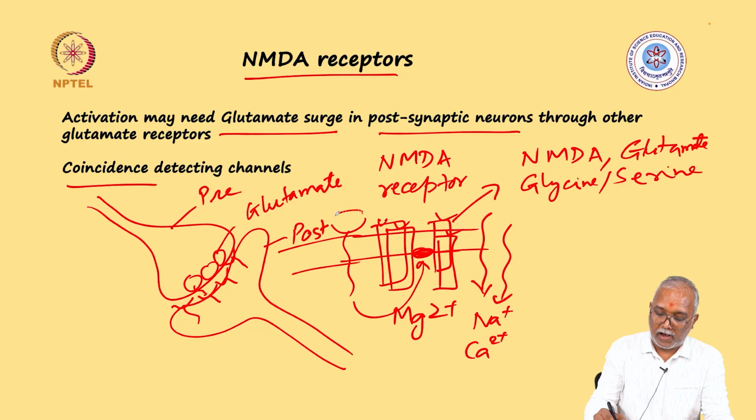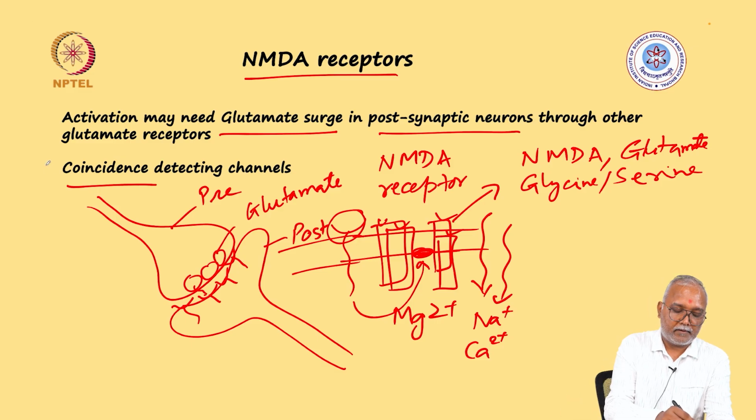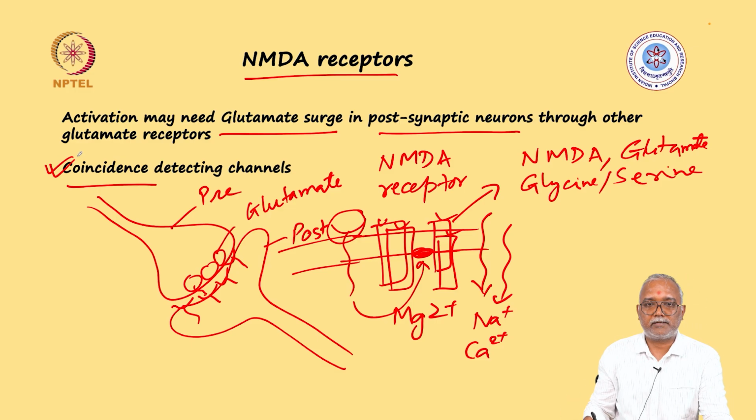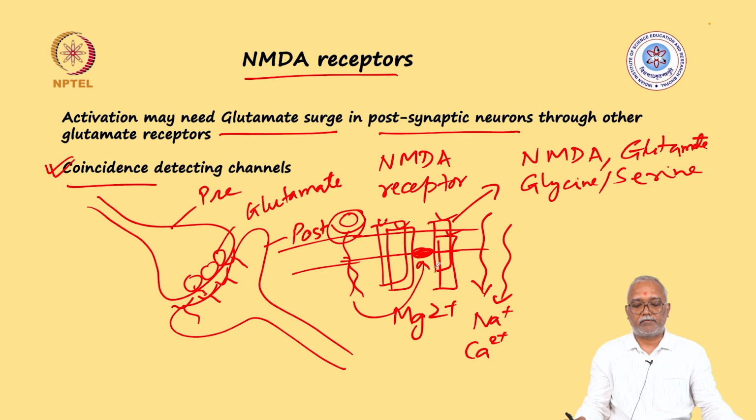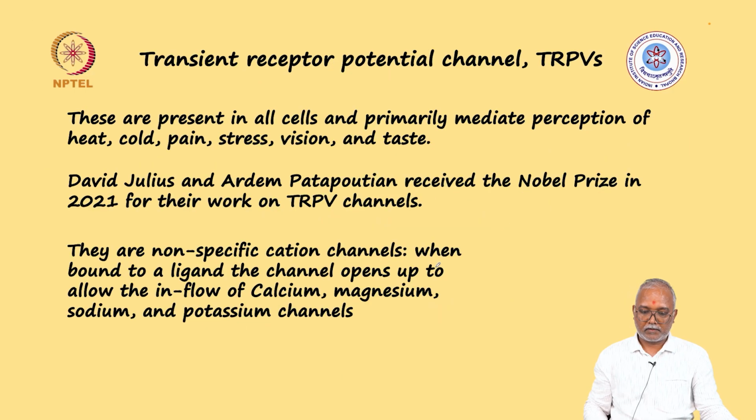So NMDA receptor activation could also be assessed as the occurrence of another event in the vicinity, the activation of a receptor in the vicinity which helped in the opening of such receptors.